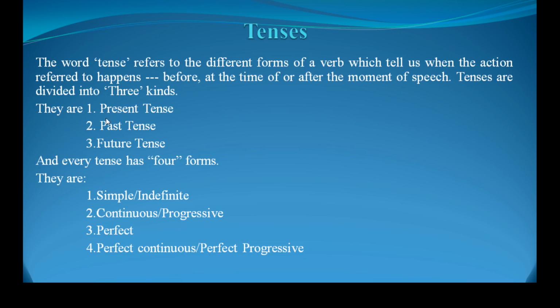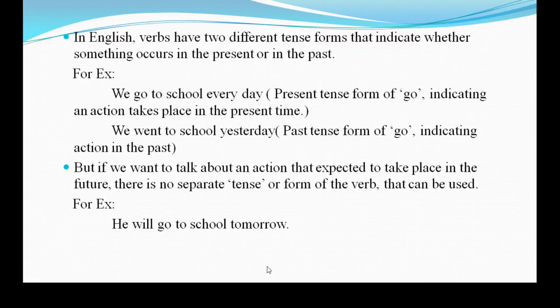In the same way, past tense: simple past or indefinite tense, past continuous or progressive tense, past perfect tense, past perfect continuous or past perfect progressive tense. And finally, future tense: simple future or indefinite tense, future continuous or progressive tense, future perfect tense, future perfect continuous or future perfect progressive tense.